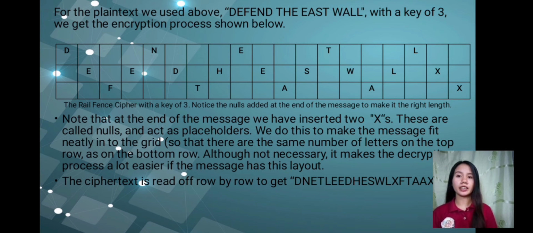Although not necessary, it makes the decryption process a lot easier if the message has this layout. The ciphertext is read off row by row to get D, N, E, T, L, the second row, E, E, D, H, E, S, W, L, and X, and in the third row, F, P, A, and X.